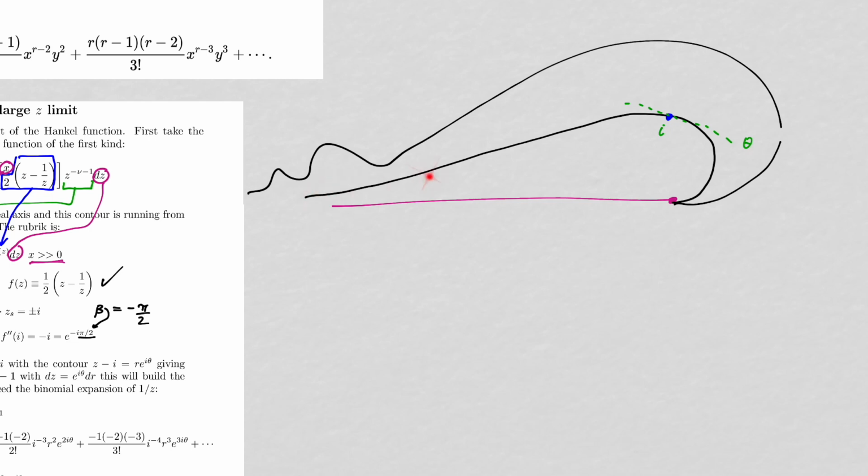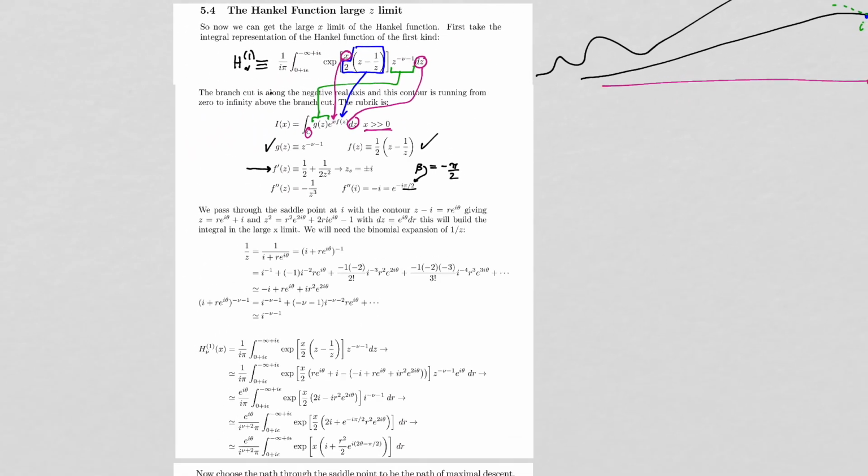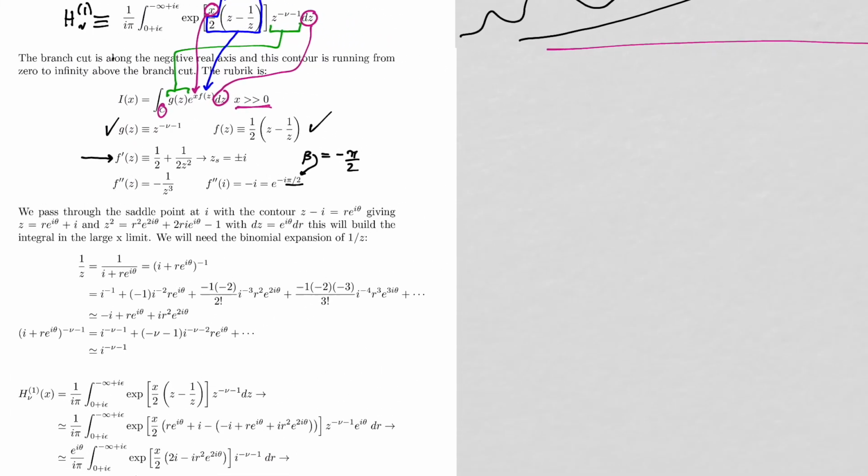The point is in this circumstance, the phase is absolutely stationary right there. And because the integral also has a real value that's peaking, the entire value of the integral gets concentrated right there. And ultimately, our integration goes right along this line to infinity. So with that in mind, let's go ahead and do our plugging in.